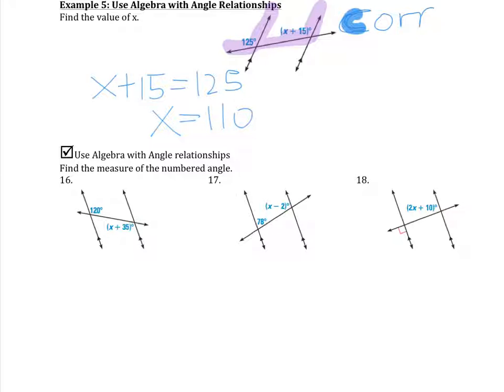The first one is alternate interior. They are congruent, so you set them equal to each other.